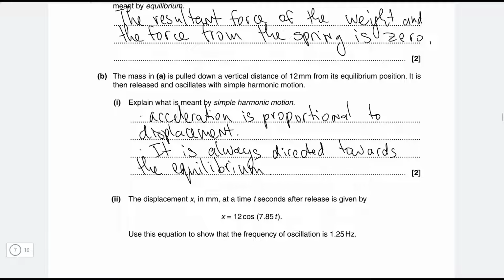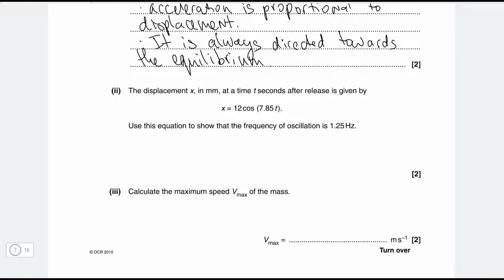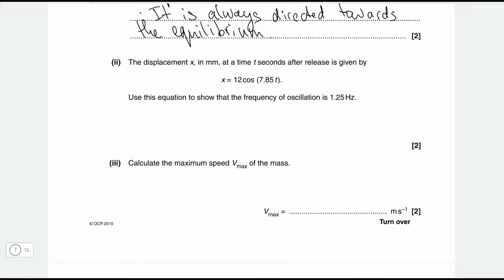Okay, next one. The displacement x in millimeters at a time t after release is given by x equals 12 cos 7.85 t. Use this equation to show that the frequency of the oscillation is 1.25 Hertz.